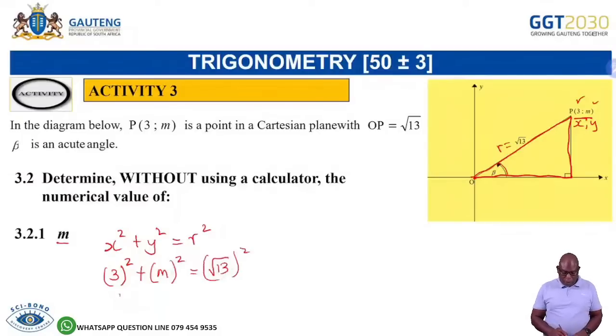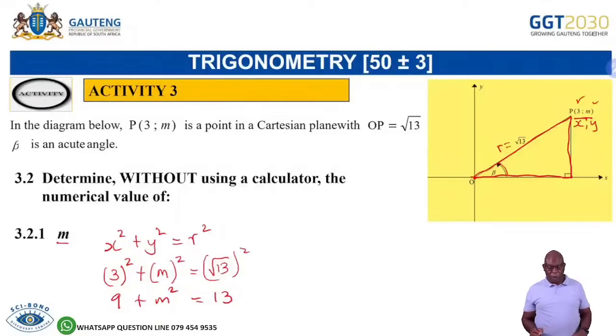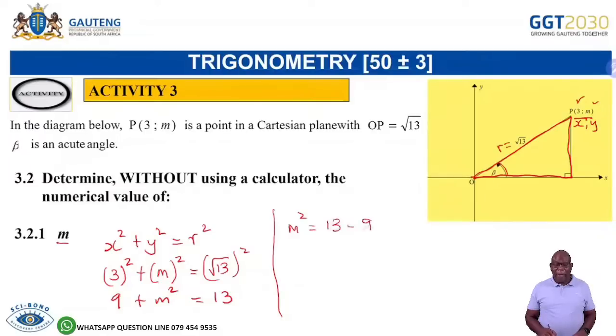So now I'm going to get 9 plus M squared equals 13. Remember, square root squared. If you don't understand that, put it on a calculator. Then I'm going to have my M squared equals 13 minus 9. Transpose that. M squared is 4. M is plus or minus the square root of 4, which is plus or minus 2.